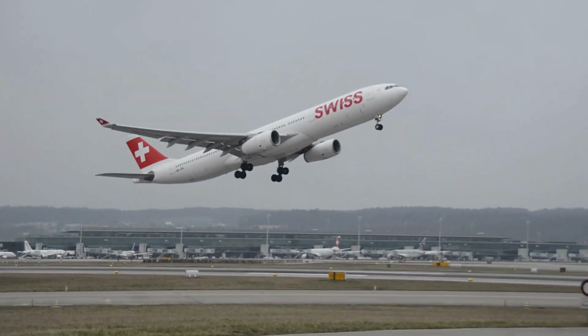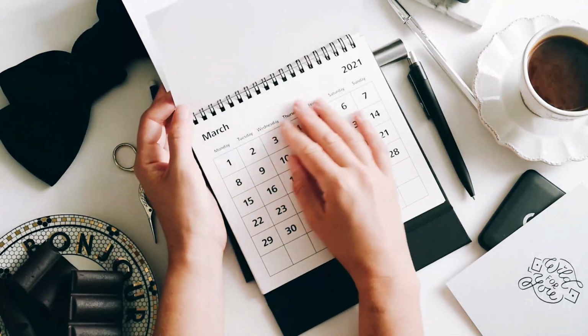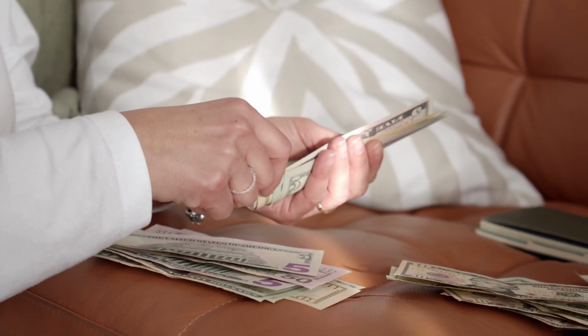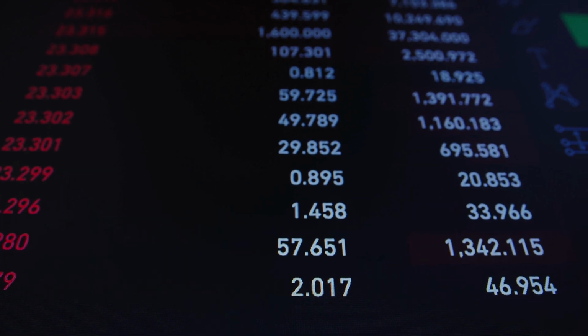As the price of the oil is rising, obviously the contract will not continue to trade at the same value, and the owner can either choose to hold the contract until expiration or sell for a profit on the secondary market. A key fundamental difference between an equity security and a futures contract is the way in which the market determines price.